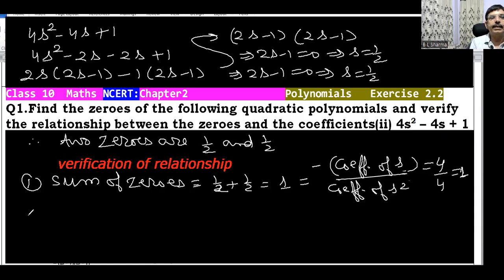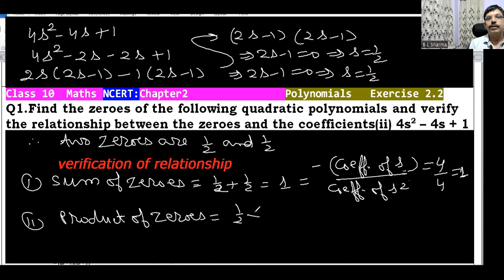And now the second relationship is product of zeros. One zero is 1 by 2, the other zero is also 1 by 2, and their product is 1 by 4. That is equal to the constant term, which is 1 here.